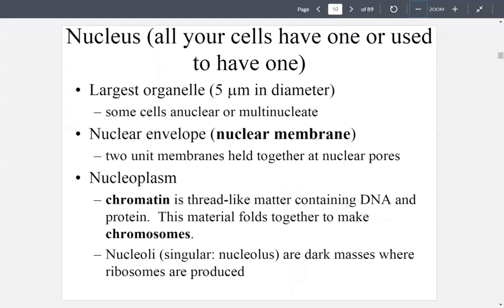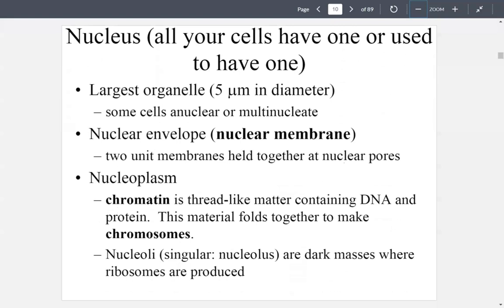So, as far as we have been able to tell, the largest organelle in a cell is the nucleus. It's about 5 micrometers in diameter. Some, as I mentioned, have no nucleus, and some are what we refer to as multinucleated, meaning they appear to have more than one. A great example of that would be a variety of our white blood cells.